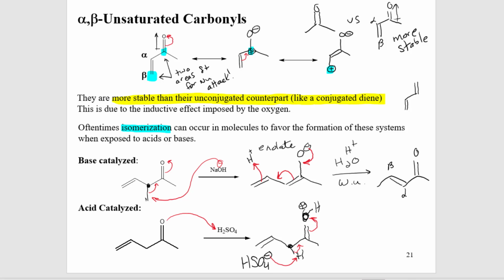It forms the enol. And when you tautomerize everything, it's actually, under these conditions, going to stay as a conjugated system.